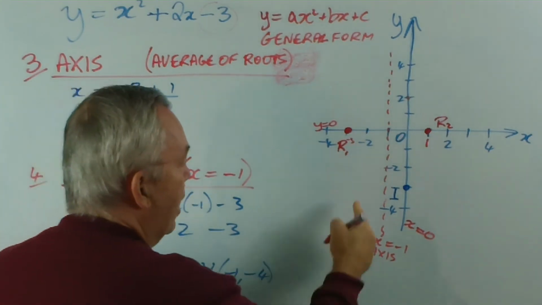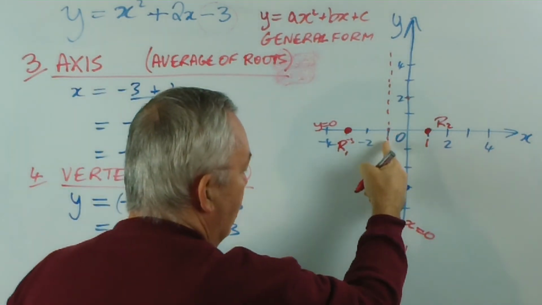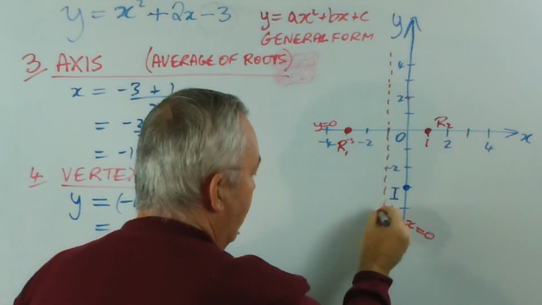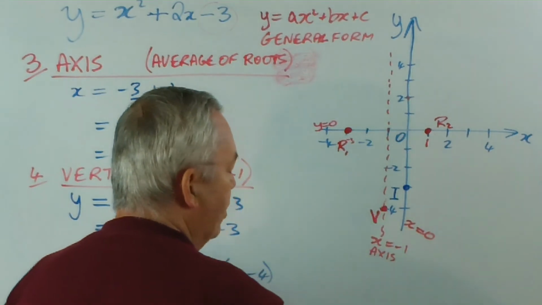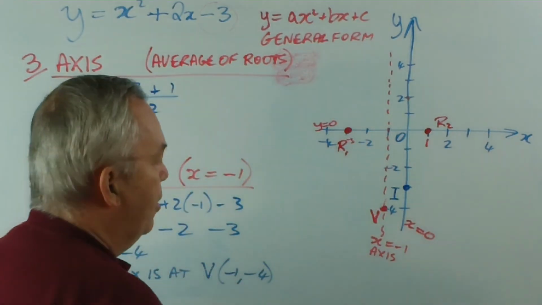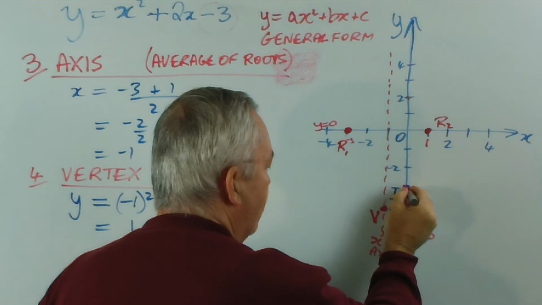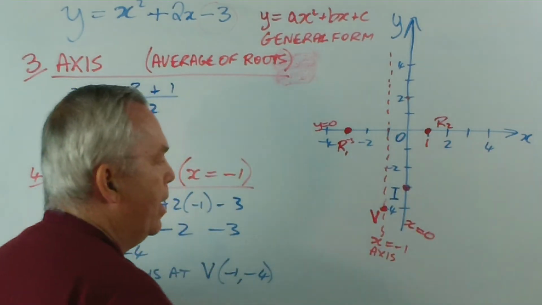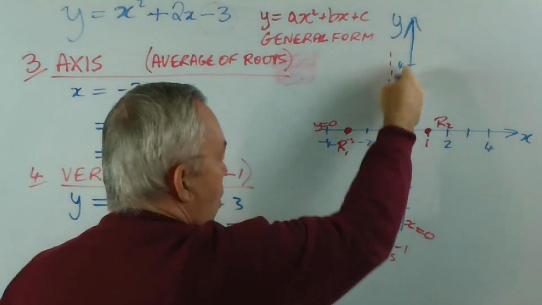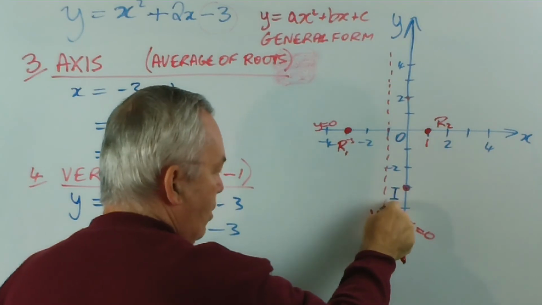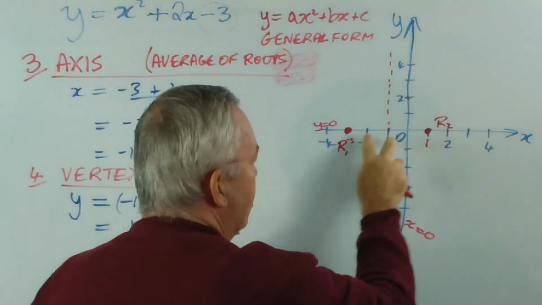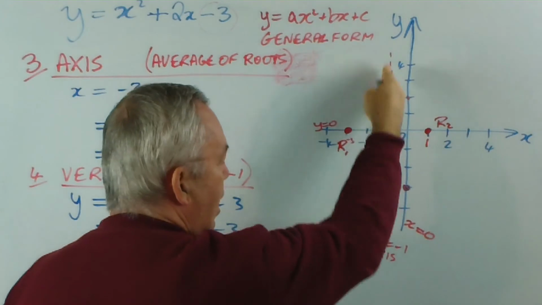And if we locate that, there's x equals -1 and down to -4 on the y-axis, and there's my capital V for vertex. And you now see, I should have had that point in red, you now see that we have our y-intercept here, the letter I, we have our roots at R1 and R2, we have our axis and our vertex.